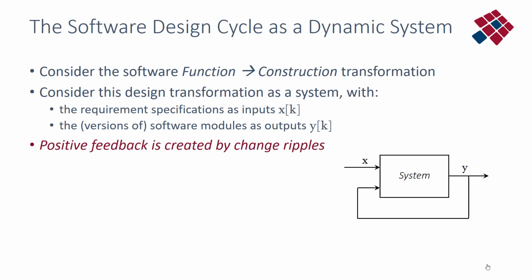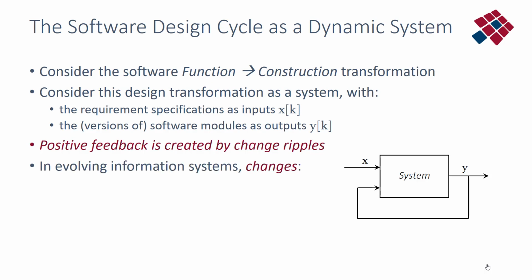And the essence of that positive feedback cycle, which may cause instabilities, is the fact that if requirements imply changes to the software modules, ripple effects will lead to more and other changes in those software modules.